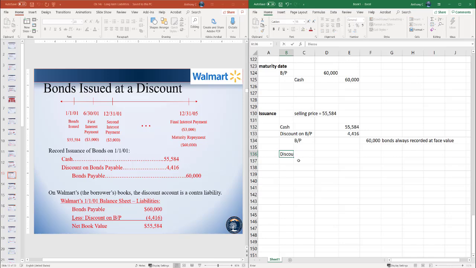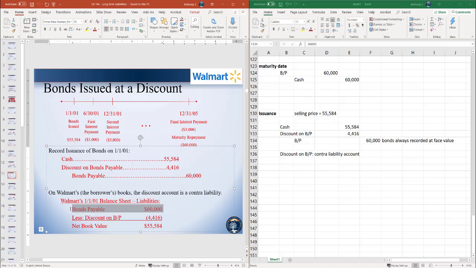If you don't remember, the discount on bonds payable is a contra liability account. In other words, it offsets the value of whatever account it is associated with. So on the balance sheet, you would list bonds payable at face value of $60,000.